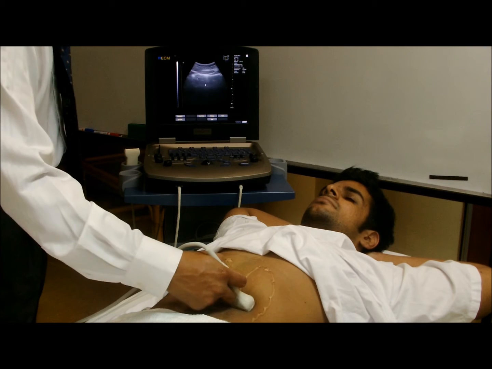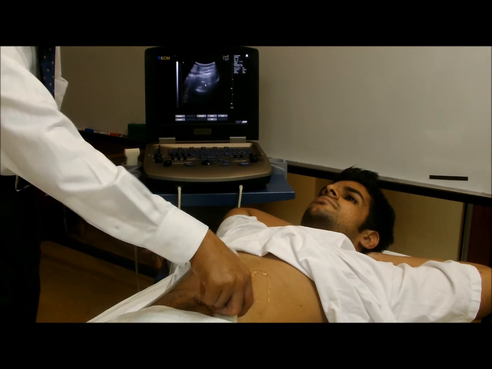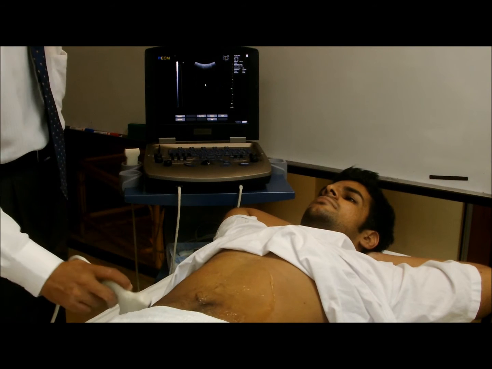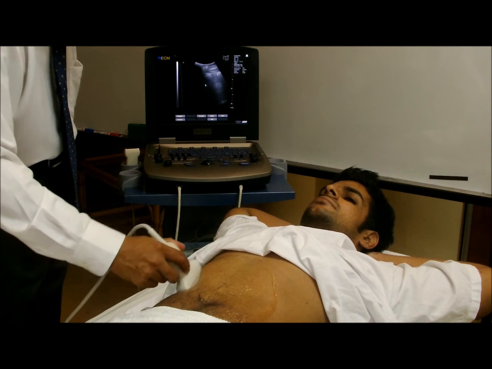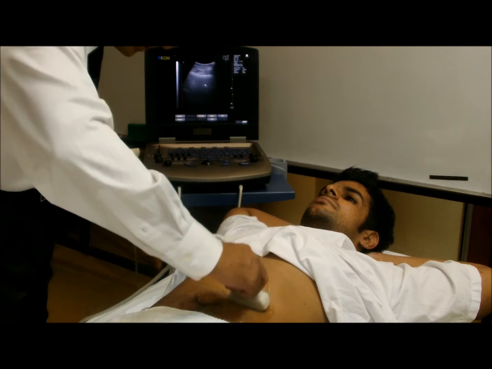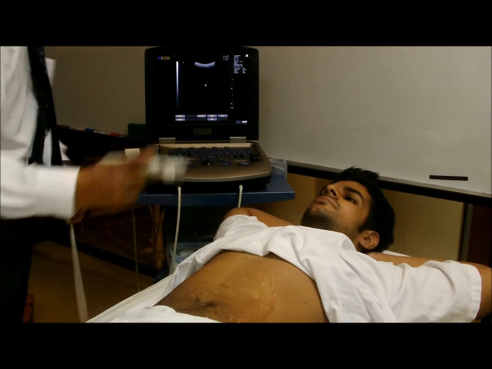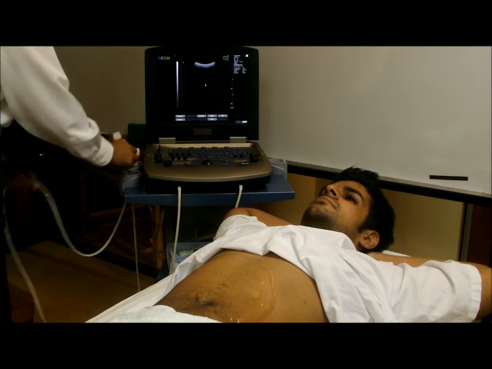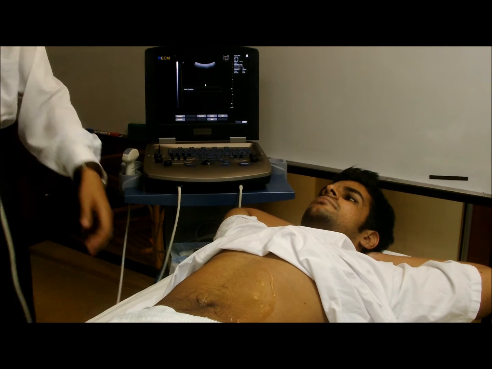But in obstruction you will see a thickened wall with fluid filled and sometimes paralysis. You would complete it by scanning towards the ascending colon, transverse colon, descending colon, and towards the sigmoid and rectum. Finally, you can assess for appendicitis by changing to a high frequency probe.